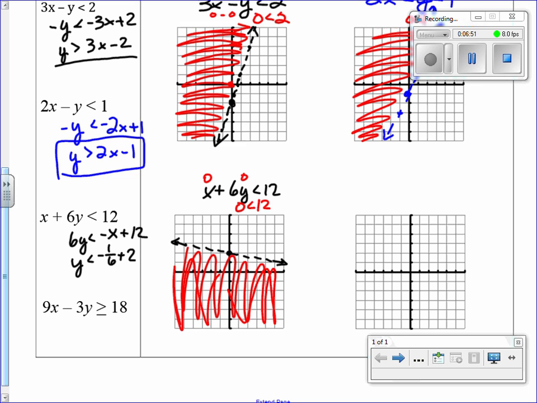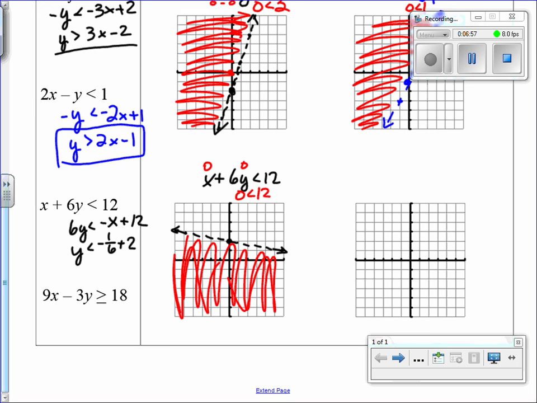All right, finally, 9x minus 3y greater than or equal to 18. Again, I want to solve for that y, so I have negative 3y is greater than or equal to negative 9x plus 18.